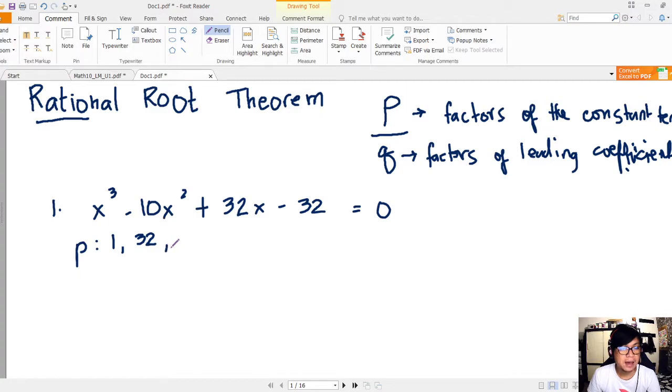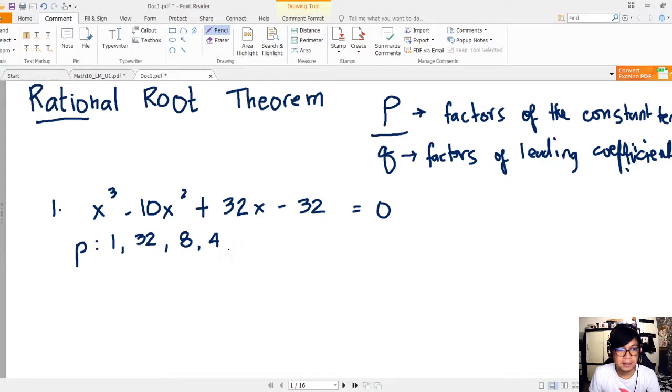Another one we have 8 times 4. So 8 times 4 is 32. So 8 and 4 are factors of 32.